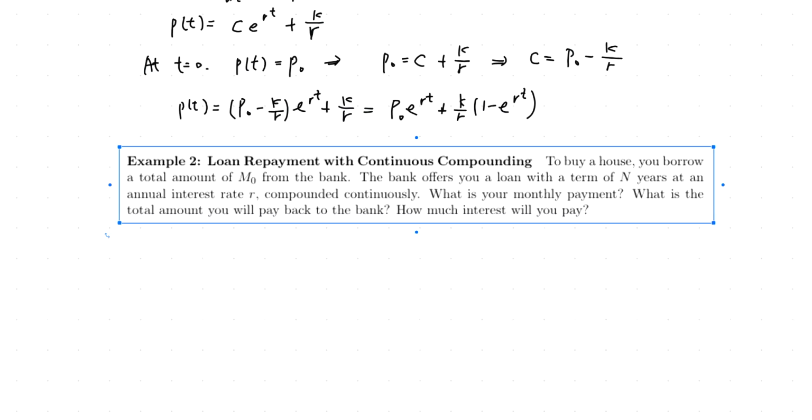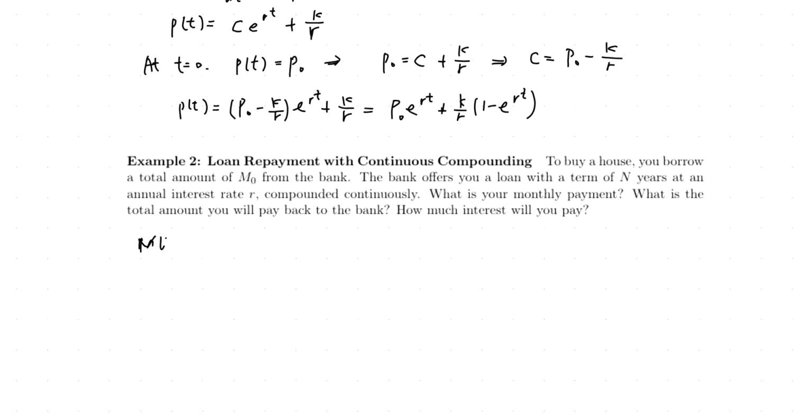So you can use M as a function of time as the money you owe the bank at any given time. And you want to know how this changes with time, or you want to know what's the differential equation that can describe this.